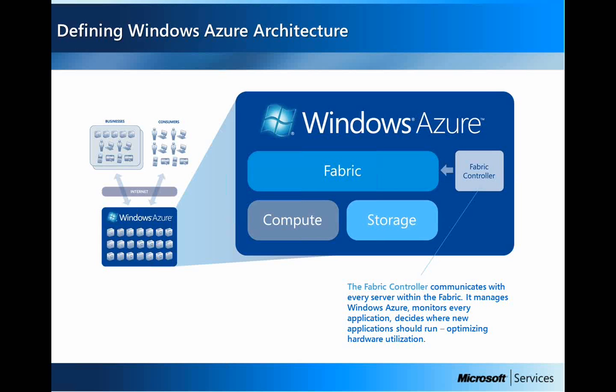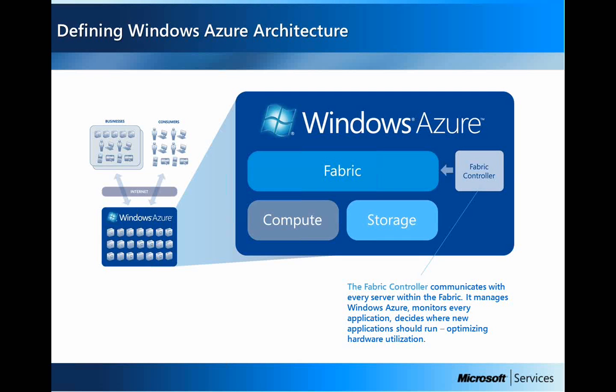Now this Fabric controller does many useful things. It monitors all the running applications, it manages operating systems, it takes care of things like patching the version of Windows Server 2008 R2 or Windows Server 2012 that runs in Windows Azure VMs. It decides where a new application should run.